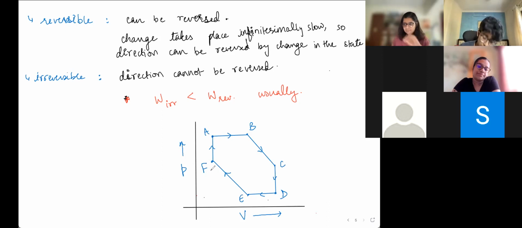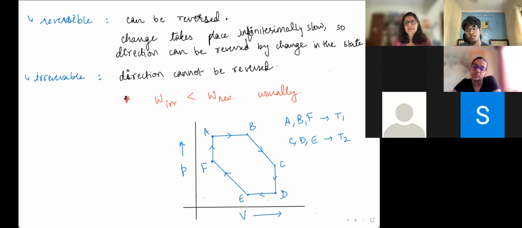Now what you're given is A, B, and F. These three are at temperature T1, and C, D, and E are at temperature T2. Given this information, can you identify what is the type of process that's happening here?